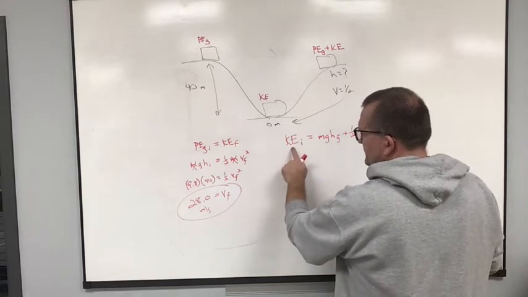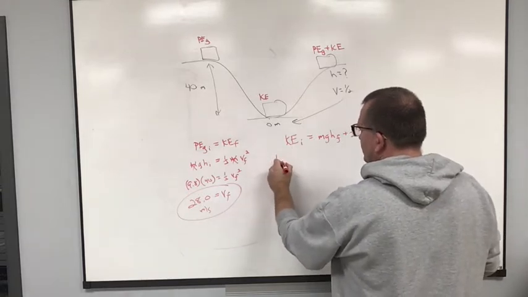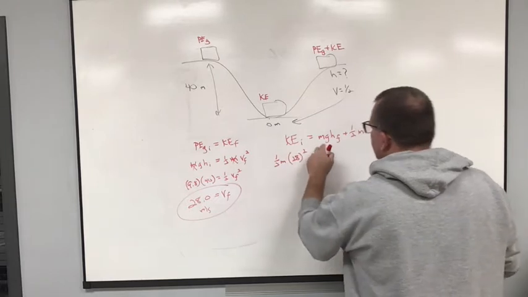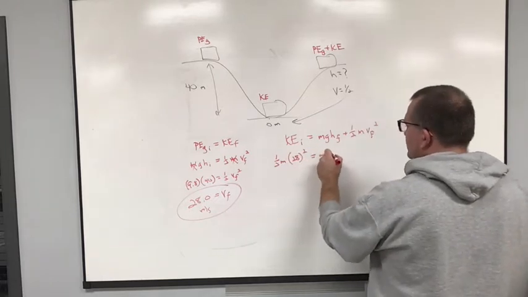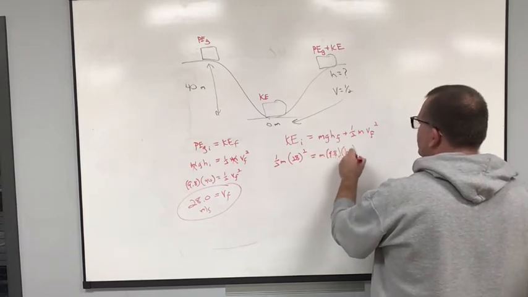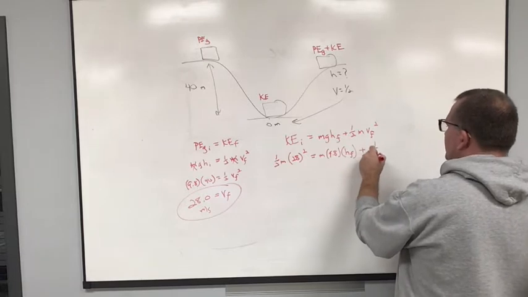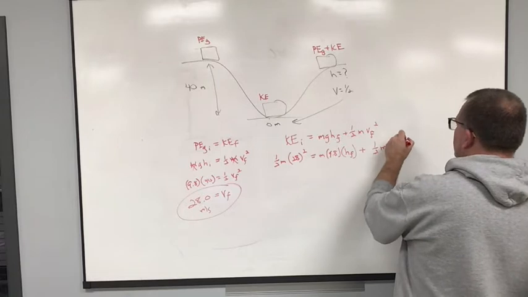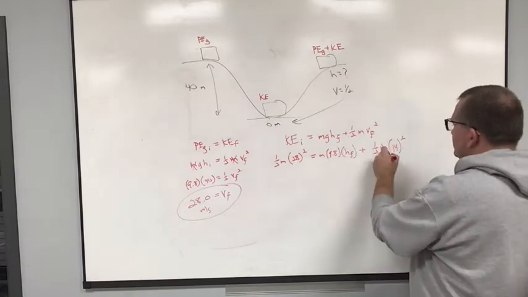My kinetic energy initial is going to be 1/2 m 28 squared. This is going to be m times 9.8 times whatever that height is, plus 1/2 m times half of 28, so 14 squared. My m's cancel again.